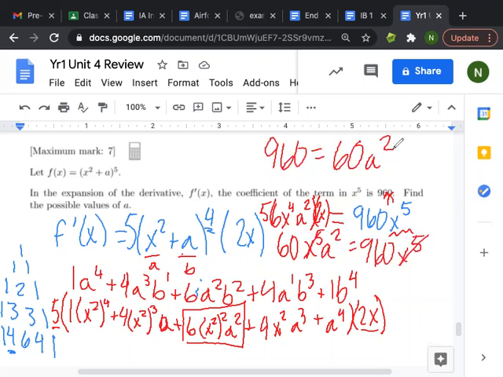Your question on your test would be like x plus a cubed. So that when you get to this stage, all you have is x plus a times x plus a times 1.